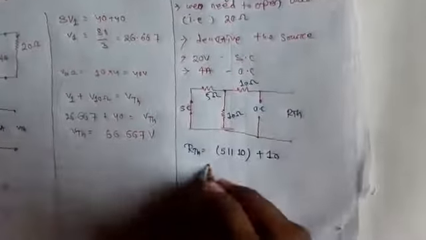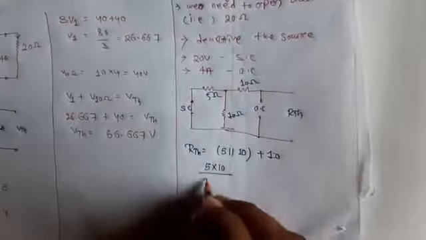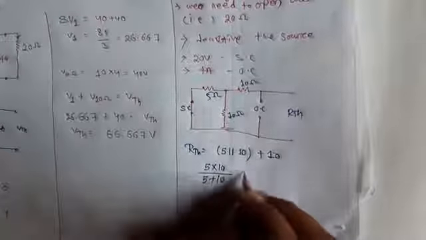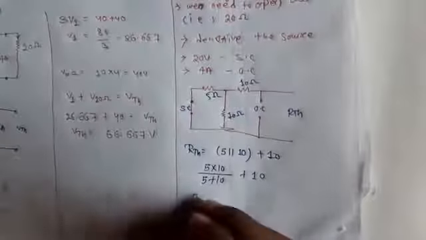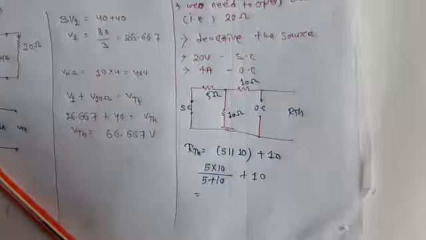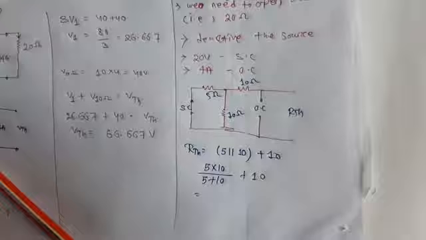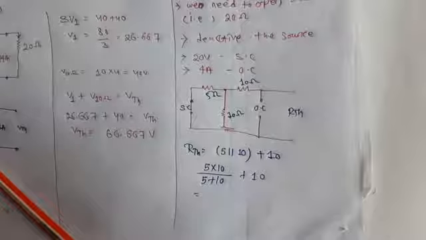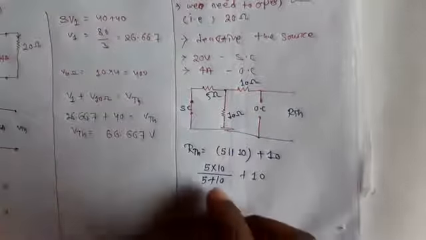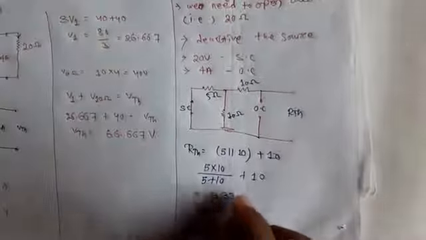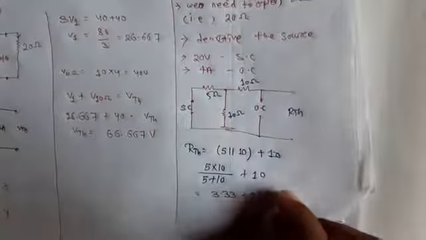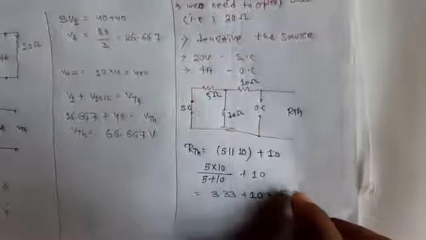That is 5 into 10 divided by 5 plus 10, plus 10, which is 50 divided by 15, equal to 3.33 plus 10, equal to 13.33 ohm.